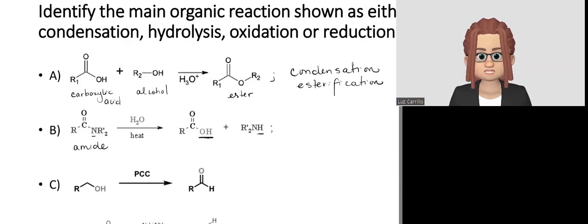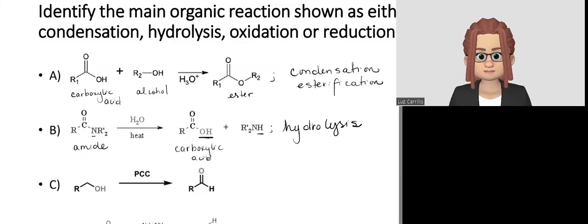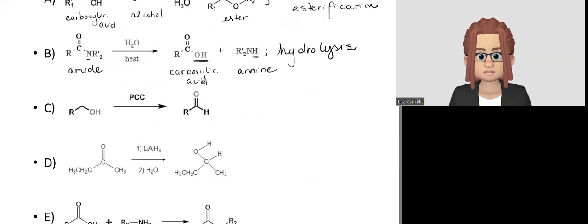So this is an example of a hydrolysis reaction. This is the hydrolysis of an amide. And when you hydrolyze an amide, you always make a carboxylic acid and an amine. Let's move on to the next reaction.